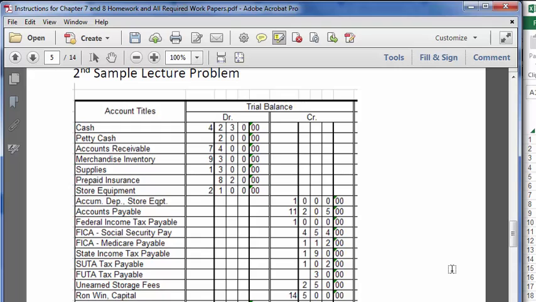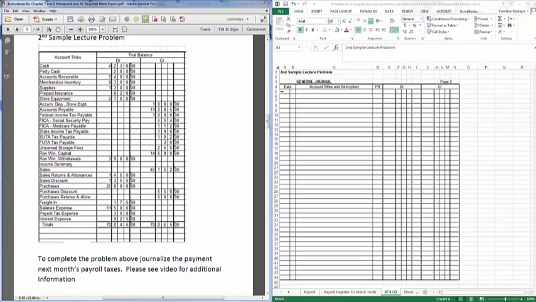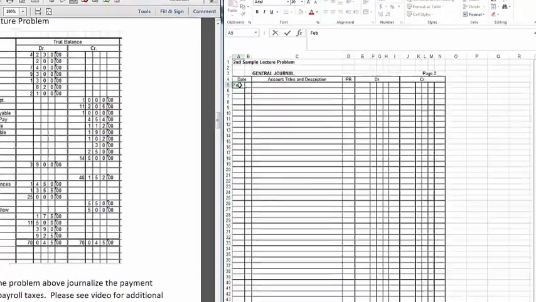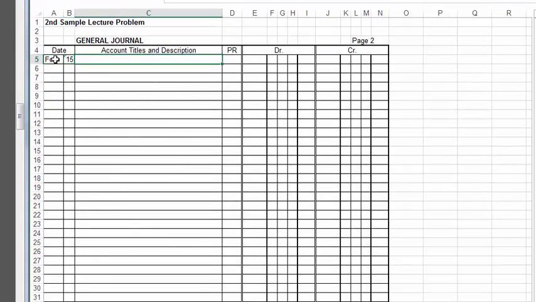I did January payroll a long time ago. So I need to go in and pay my payroll taxes. It's now February and it's February 15th. And I need to pay my payroll taxes. Well, this is a trial balance. And this is where all of the balances from the previous month have been accumulated.